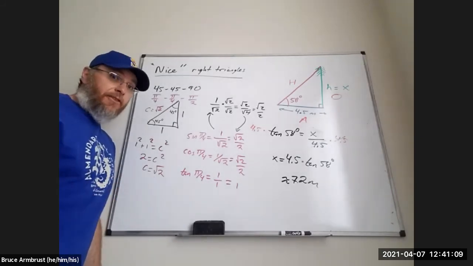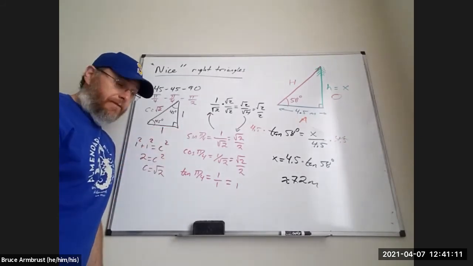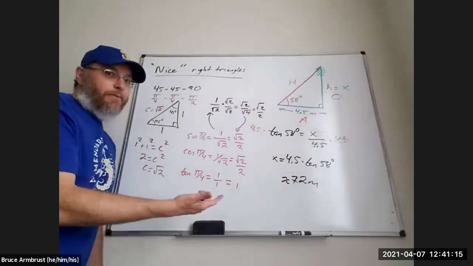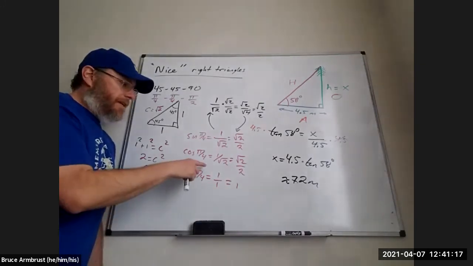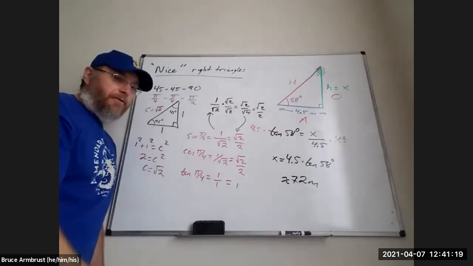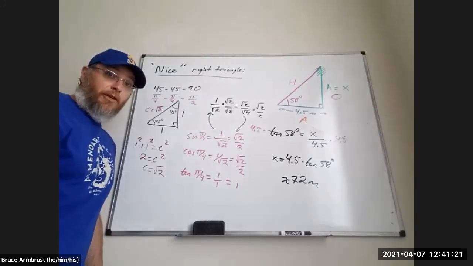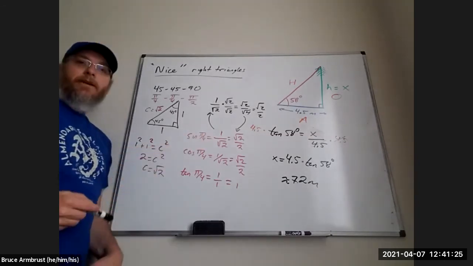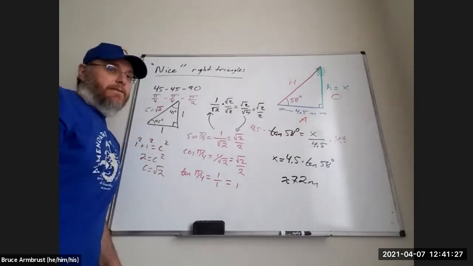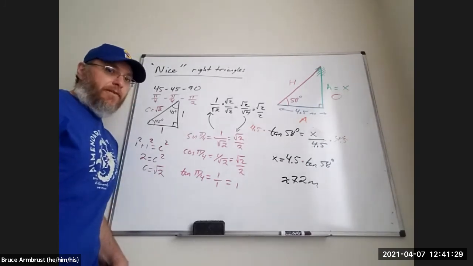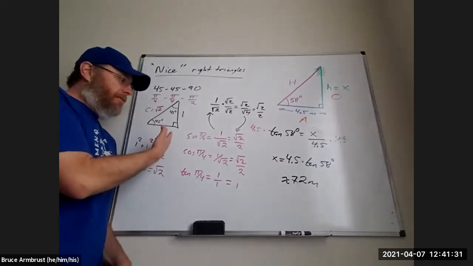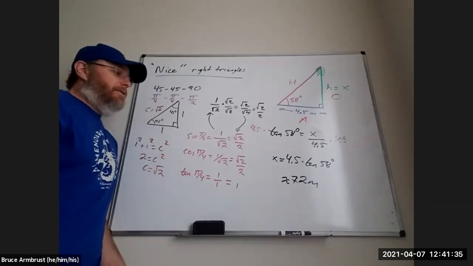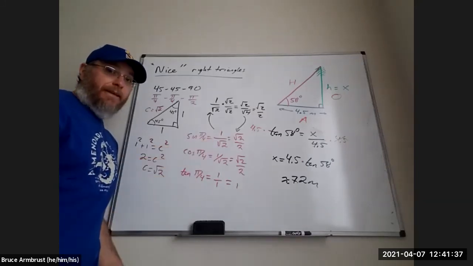And if you want the other three, you just flip them over. So cotangent is going to be, well, if you flip 1 over, you get 1. Secant, you flip this over, you get root 2 over 1, which is square root of 2. Cosecant, similar. So that's one of the nice angles, pi over 4, 45 degrees. Because it comes from a nice triangle, just half of a square, we're able to get these ratios really quickly.